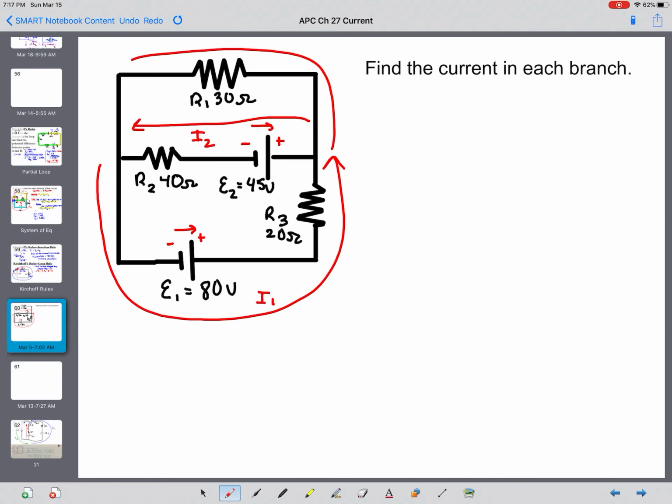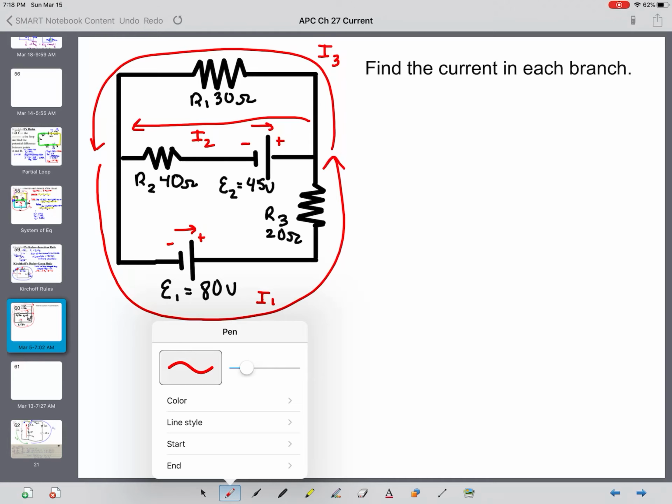And then I3 around the top branch. Okay, if you specified your current numbers differently in the different branches or in different directions, you can still translate the equations that we'll come up with here, and you should still get the same current values, even if you specified different numbers on different branches or different directions.